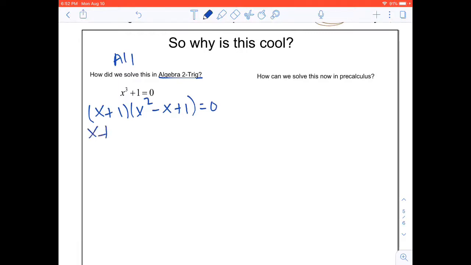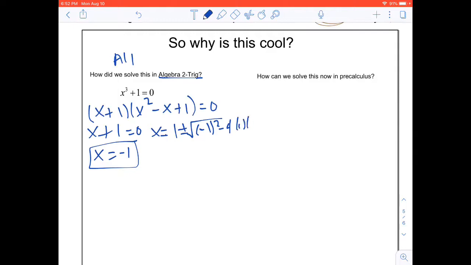When we use the zero product property for the first factor, we get x is equal to negative 1, and that is a real root of x cubed plus 1 equals 0. But when we had to find the remaining imaginary solutions, we have to use the quadratic formula. So we use x equals the opposite of b plus or minus the square root of b squared minus 4 times 1 times 1, all over 2a, which is 2 times 1.